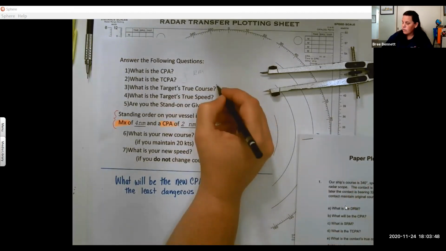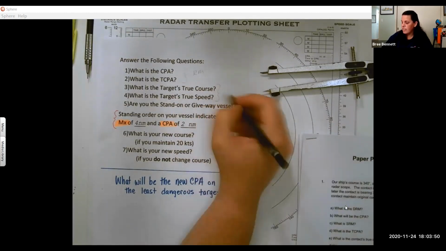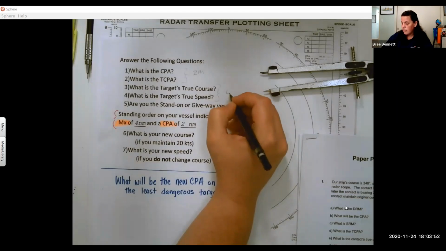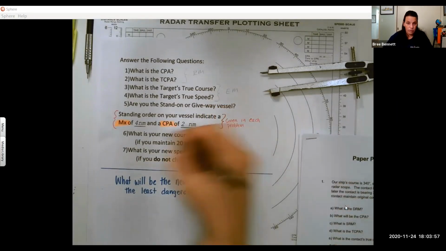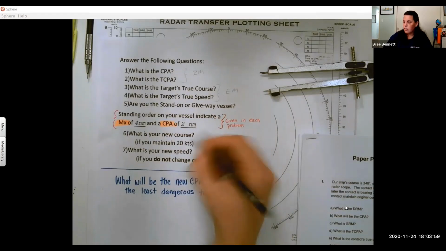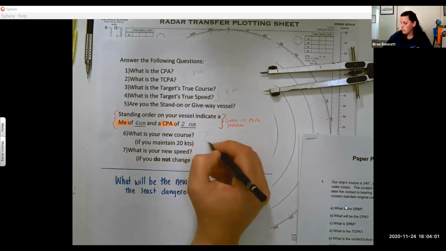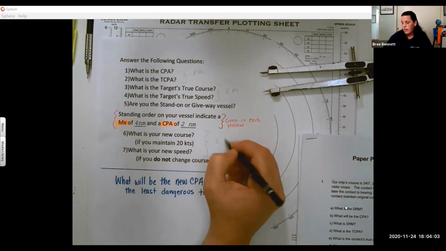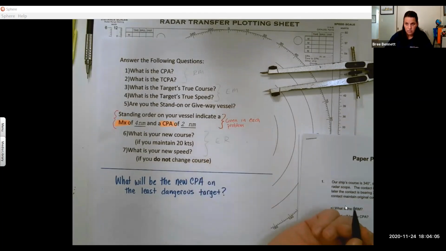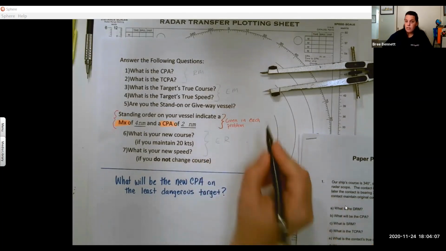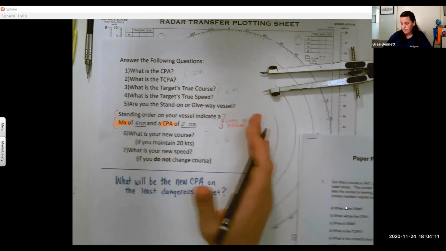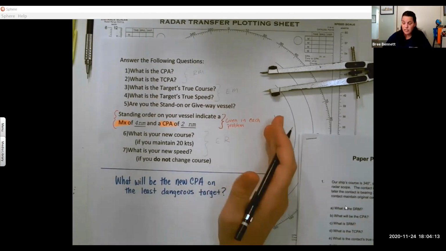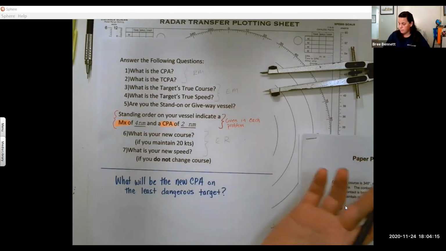Then you create the triangle by finding the E to M line. And if we change our RM line, what is our new course and speed? That's the E to R section of the triangle. That is going to be the same format on your final exams.